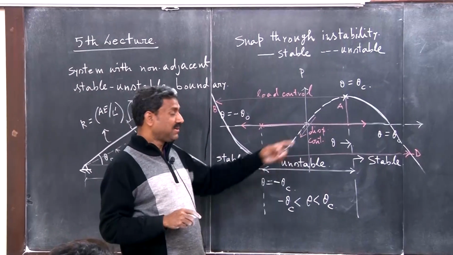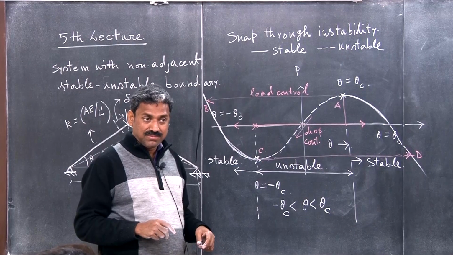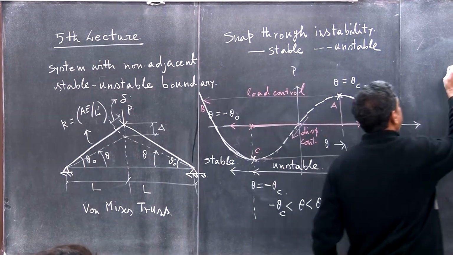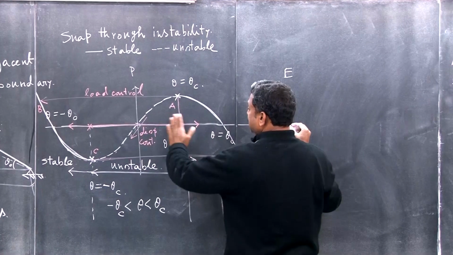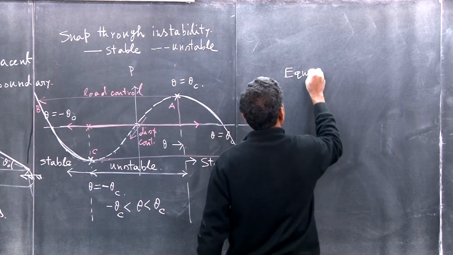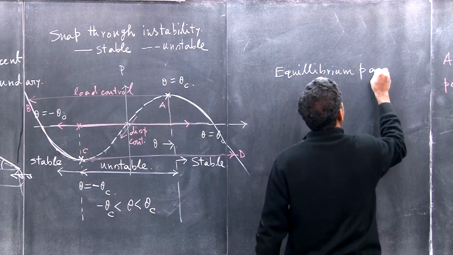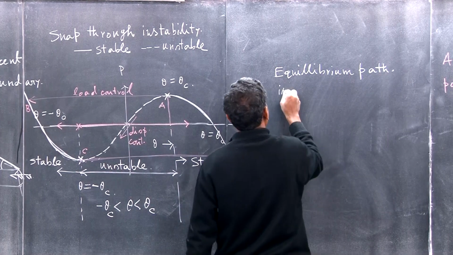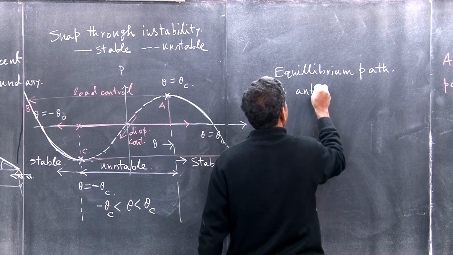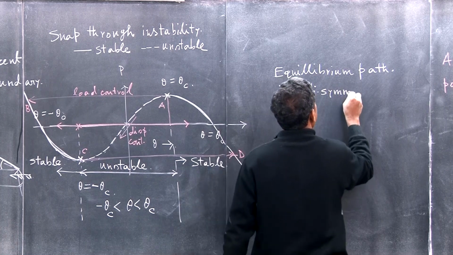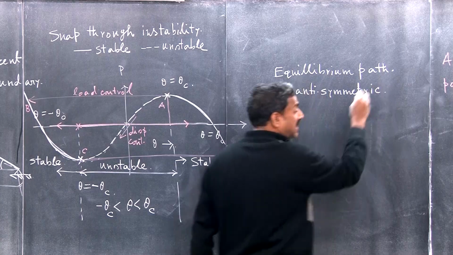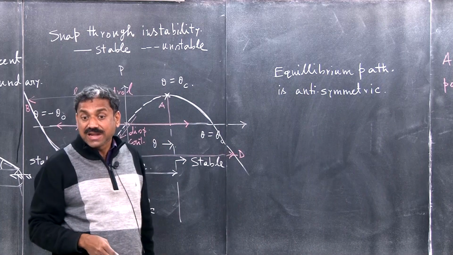Here, equilibrium path is what? Antisymmetric. Here exactly this is mirror opposite. So equilibrium path is antisymmetric. It is neither symmetric nor asymmetric. It is antisymmetric.